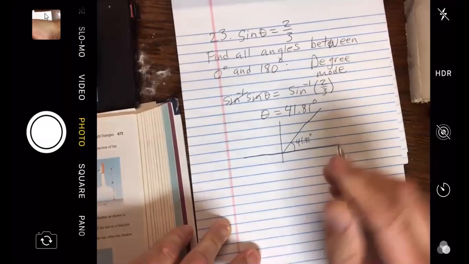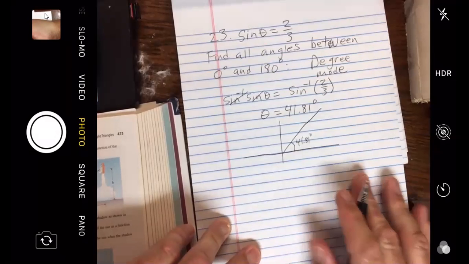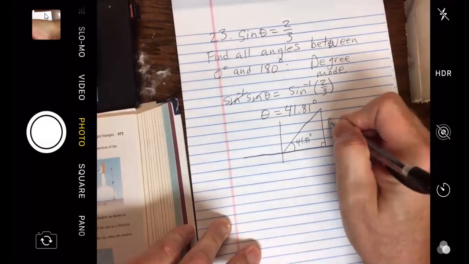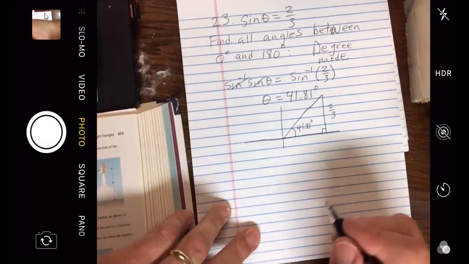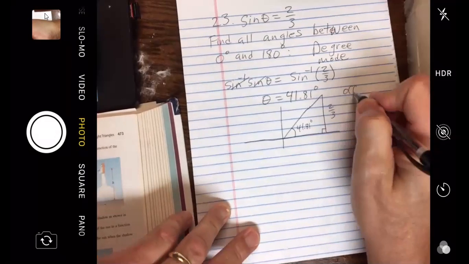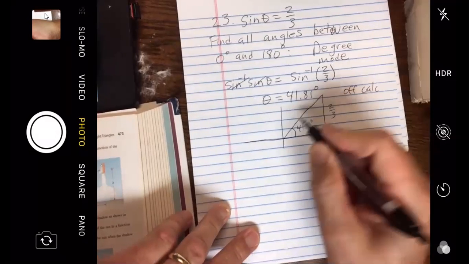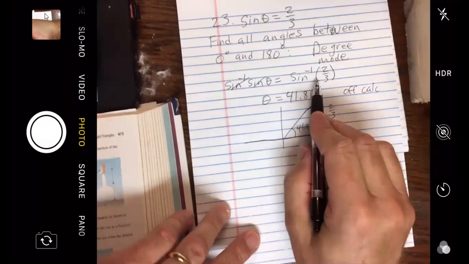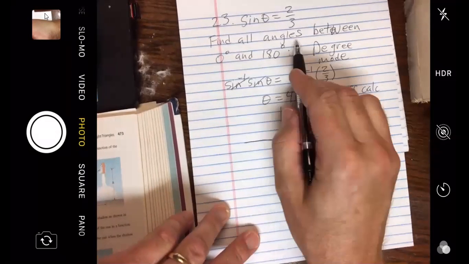You just found the y coordinate of being 2/3. All right, this angle, the 41, is directly off the calculator. It's only going to give you an answer. The calculator is programmed to give you answers in the range of arc sine on the right half circle, but it wants all angles.